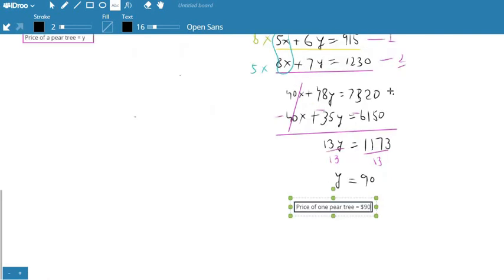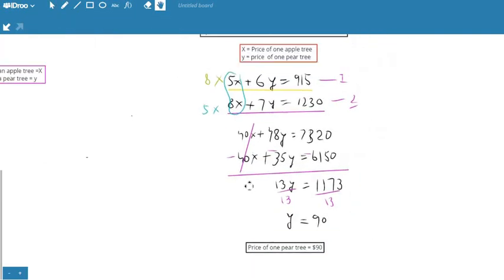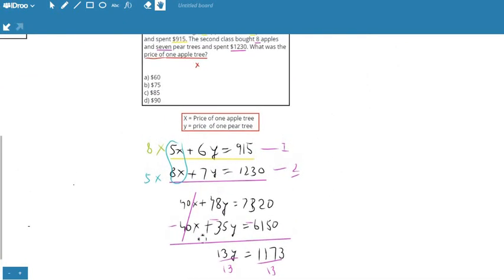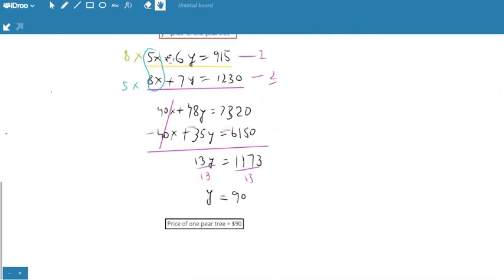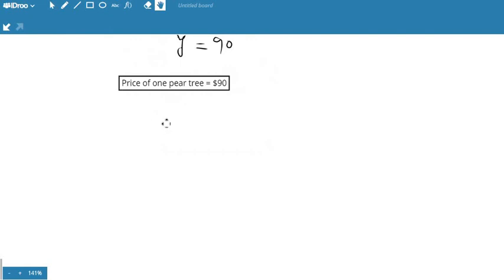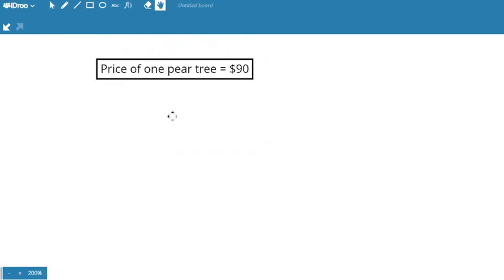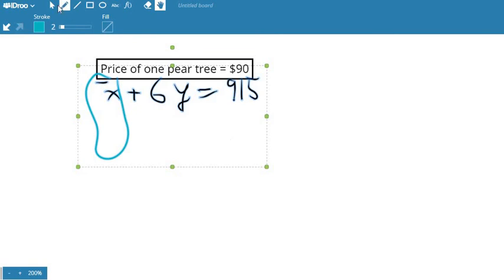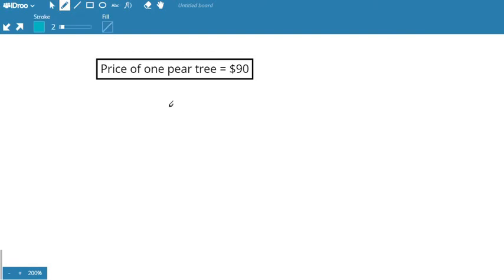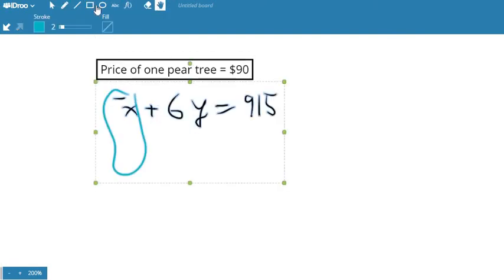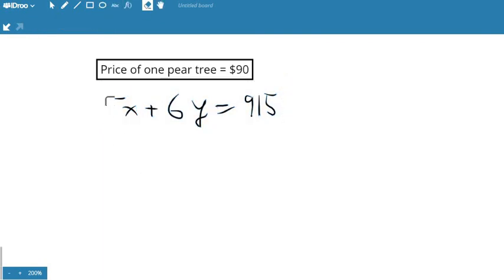What you will do is substitute this 90 into one of your equations. I am placing it in the first equation.